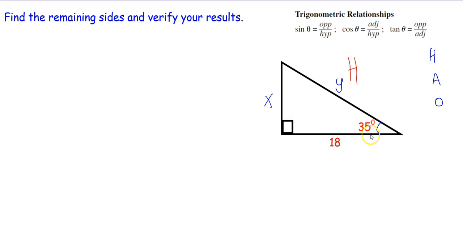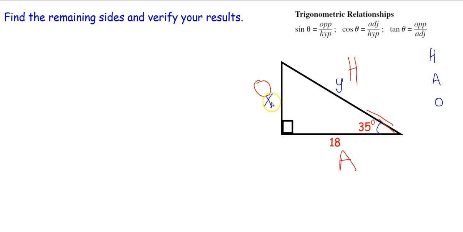For this angle 35 degrees, there is one side, the hypotenuse, you already have. Now the other side is going to be the adjacent side. Now all the way across, this is the opposite side. These are the three sides of the right triangle. With reference to 35 degrees, O here, A over there, that's 18, and H, that's y.